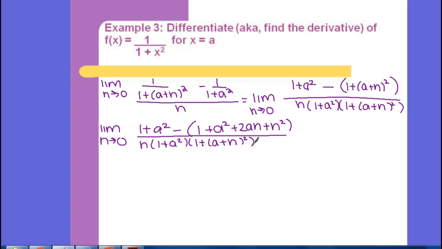Distribute some negatives. Cancel some numerator. So 1, 1, a squared, a squared.